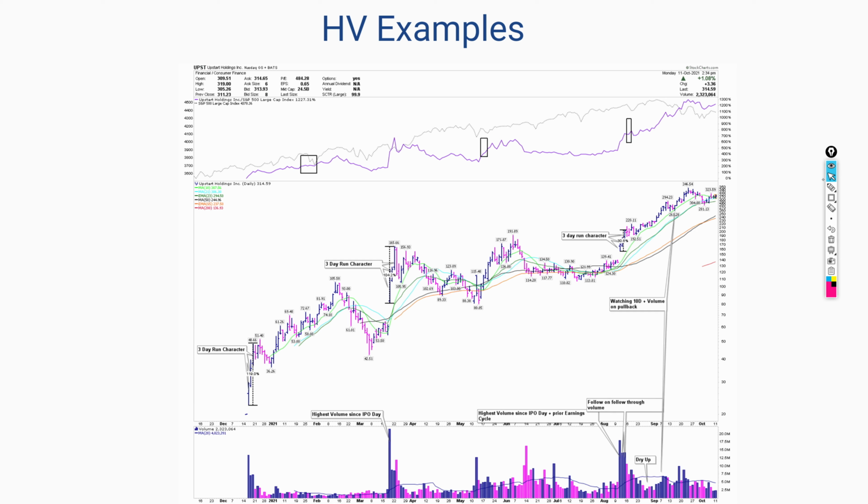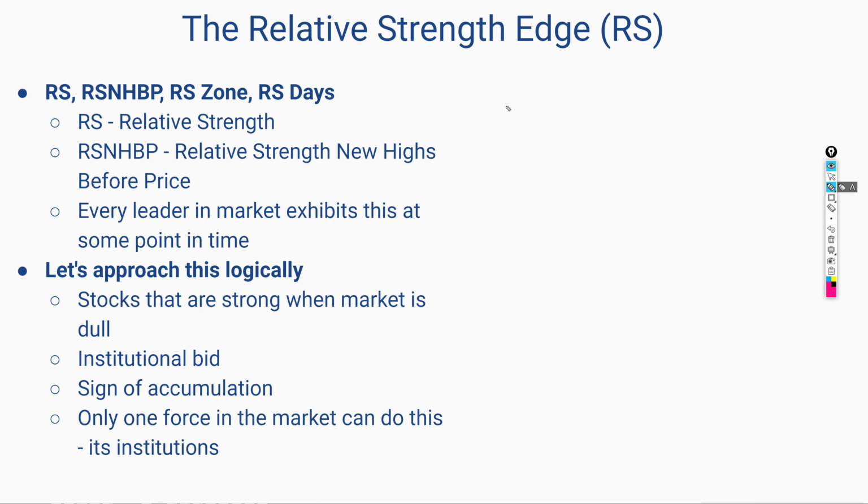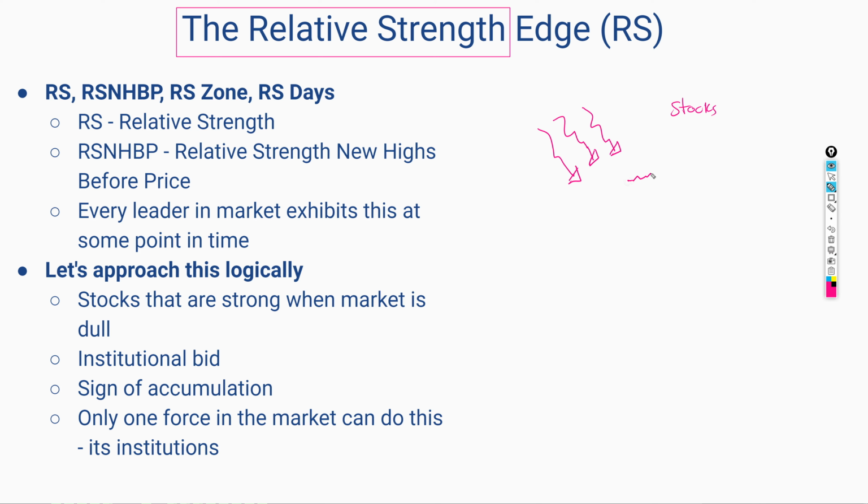So moving on, the next edge that we have in the markets, and this one is fairly straightforward once again, is the relative strength edge. If we think about it logically, when the market is coming in and pushing stocks down again and again throughout the universe, and we see stocks that are trying to either hold up or even outperform the markets in those particular down markets, there's only one force in the market that could do that, and that's institutions.